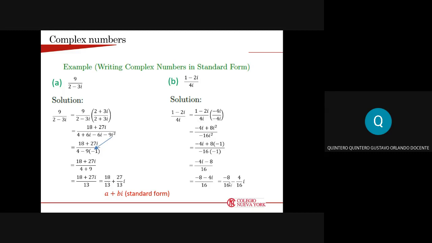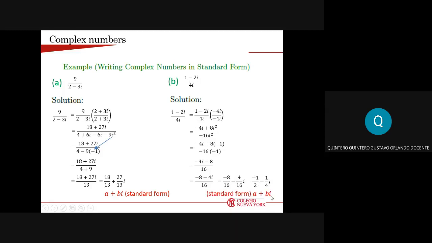We can simplify this too. 8 and 16 can be simplified, and 4 and 16 can be simplified. So 8 and 16 will be negative 1 over 2. 4 and 16 will be 1 over 4. And then the i. This will be the final solution of our division.